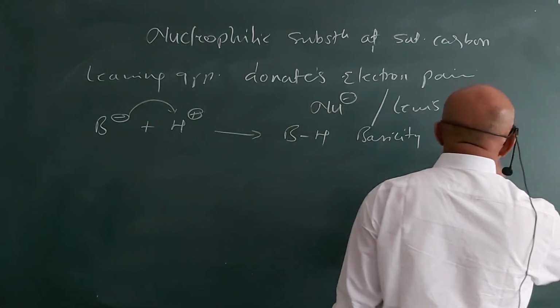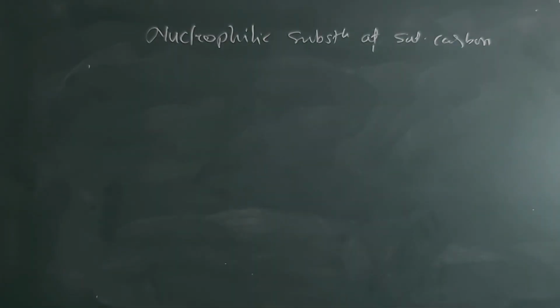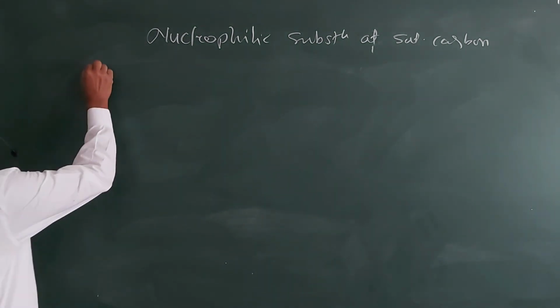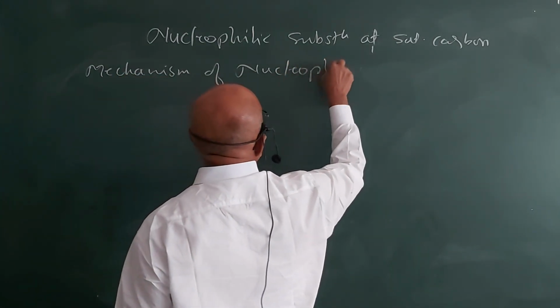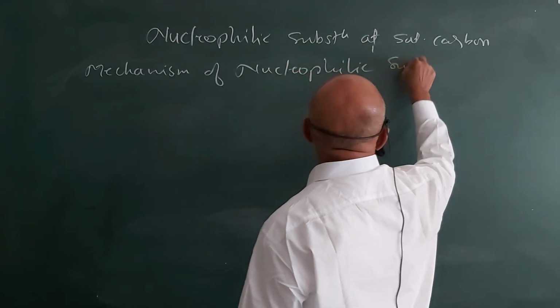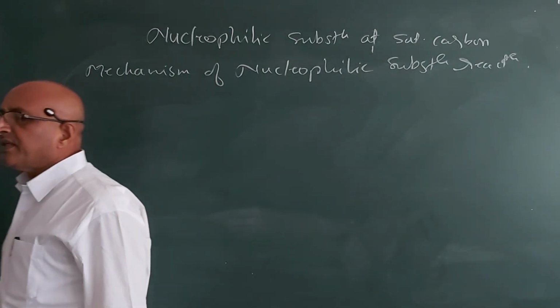But basically we have studied all these different types of reactions. Here we are not going to study n number of reactions as we have studied in 12th standard, but here we want to deal with the mechanism of the nucleophilic substitution reaction. Means we want to discuss this reaction in a stepwise manner.